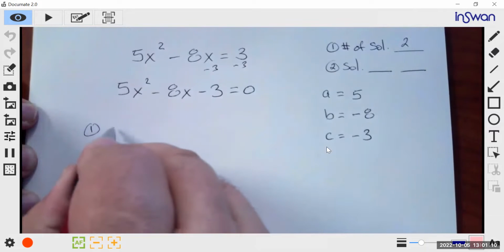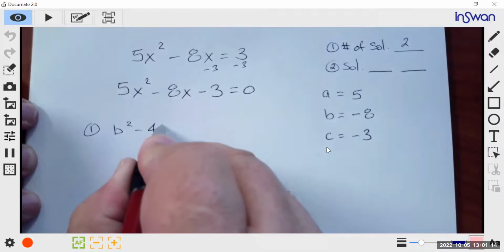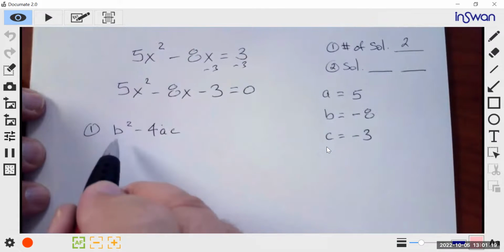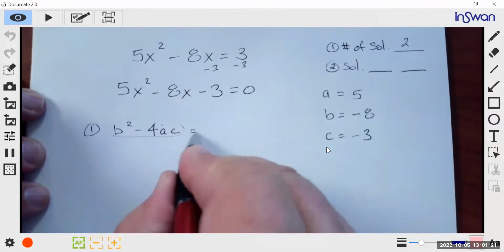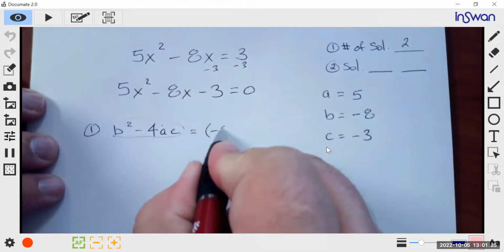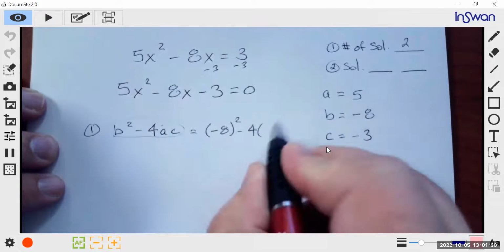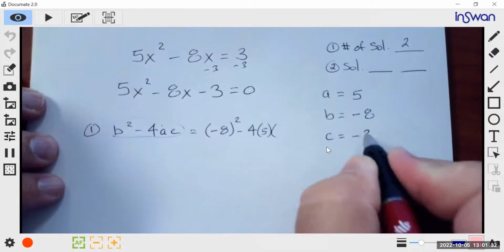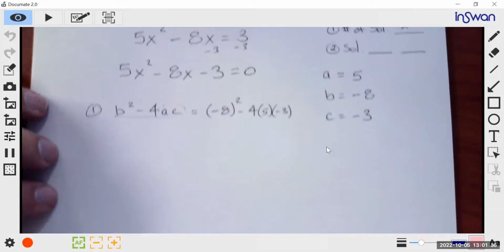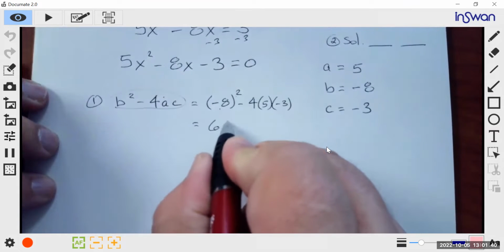So the first question, we have to figure out how many solutions we're going to have. It's this discriminant. So we have b is -8 squared, a is 5, c is -3. -8 squared is 64.